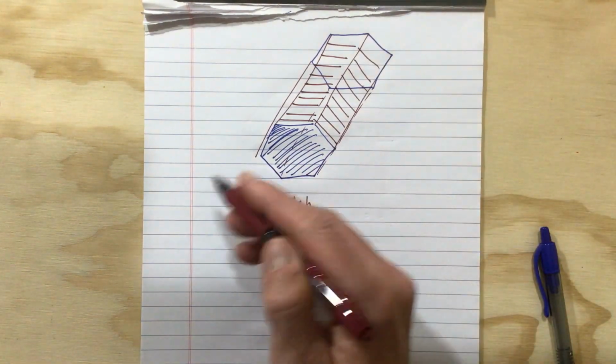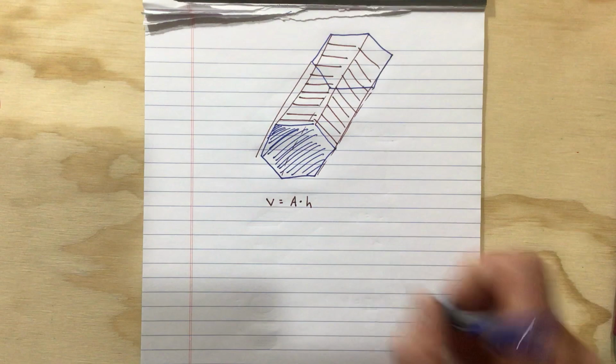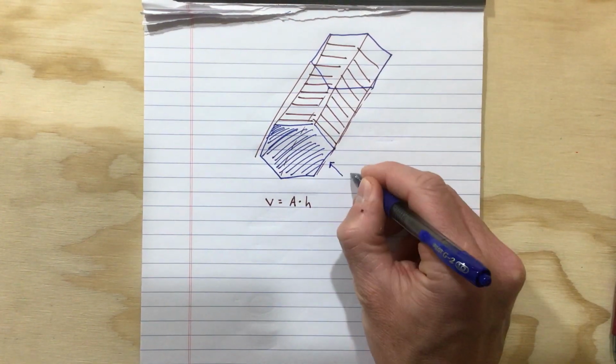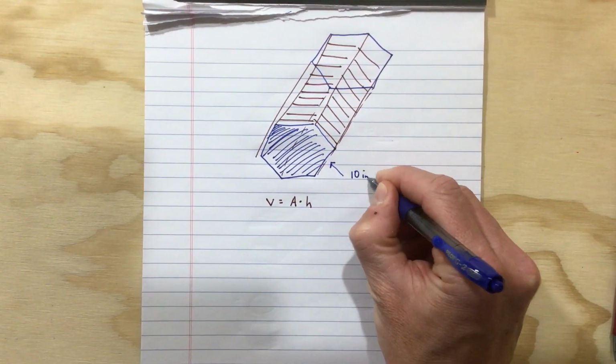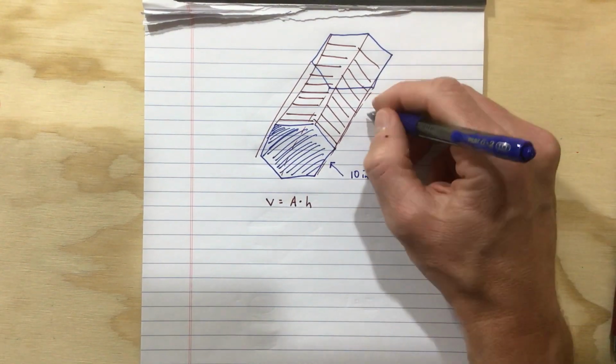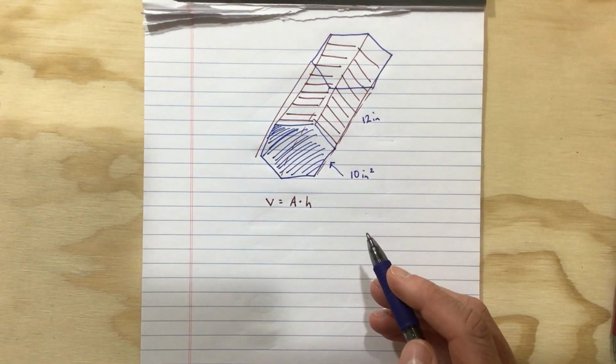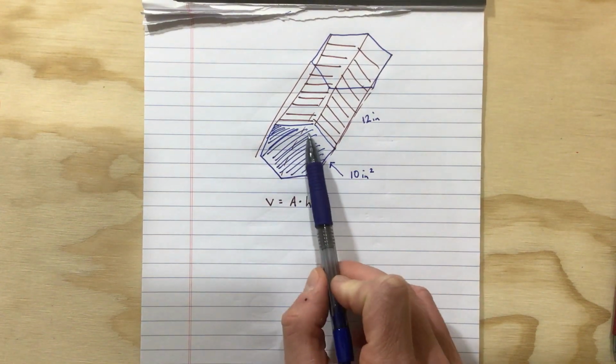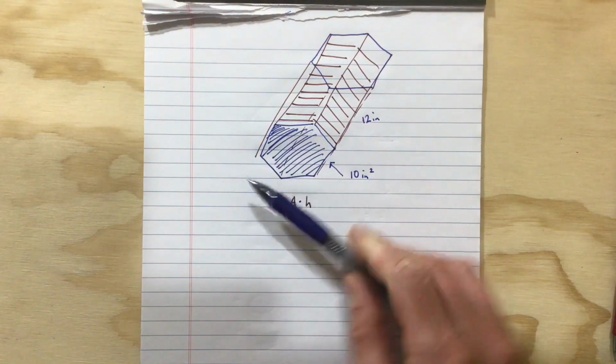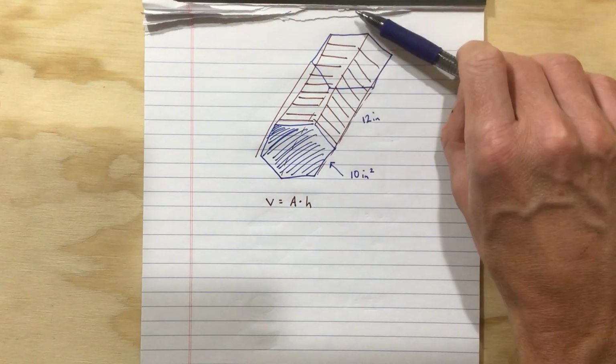And so if you said, oh, this front here is 10 square inches, right? And then this was 12 inches deep. It's kind of like thinking you have 10 cubes here and you have 12 of them stacked in a row.